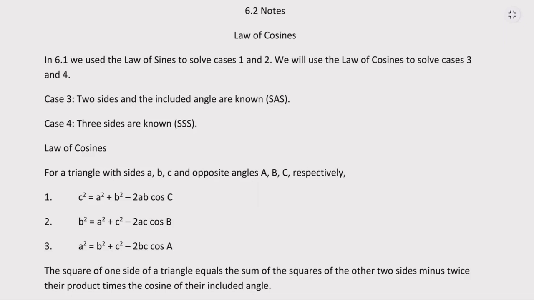So the law of cosines, there are three formulas for a triangle with sides A, B, and C and opposite angles angle A, angle B, angle C respectively.